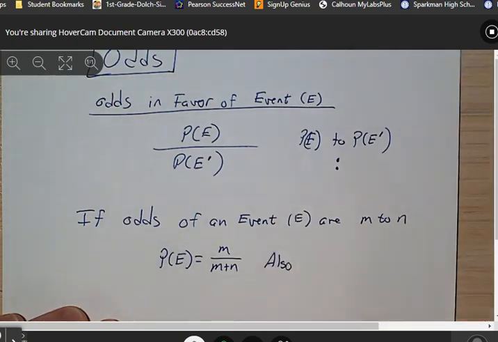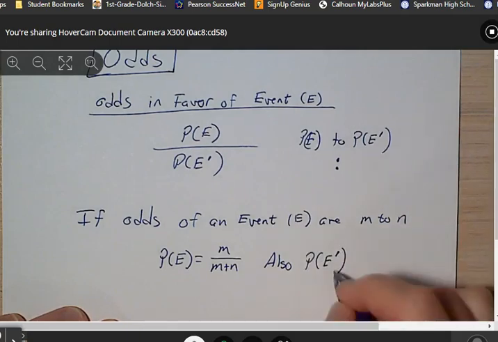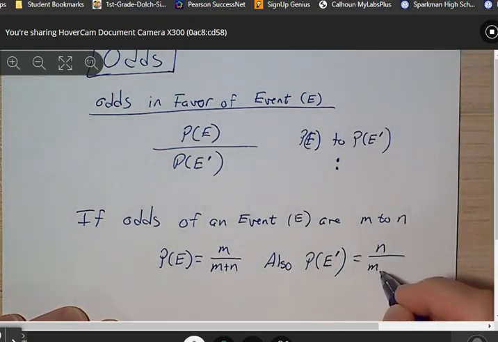Right. And if you want to talk about the complement of something like that happening, well, then you basically just reverse the order. So that would be N over M plus N.